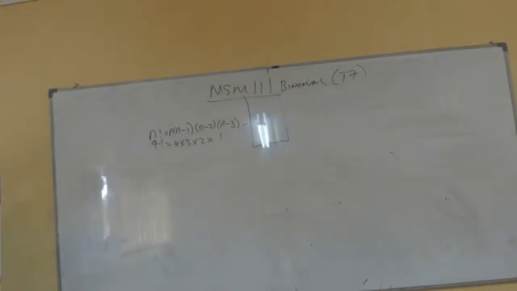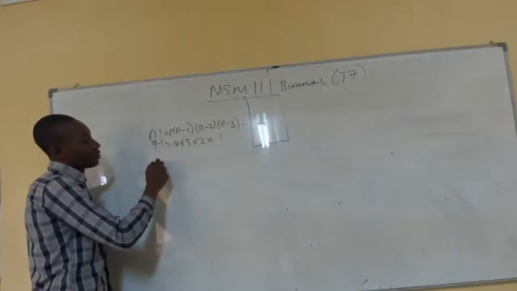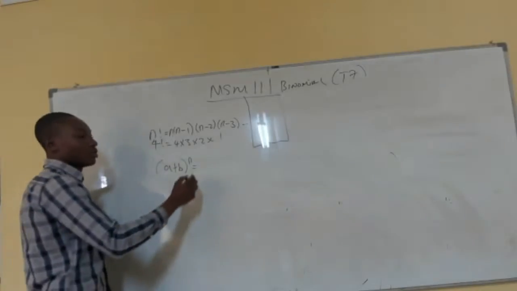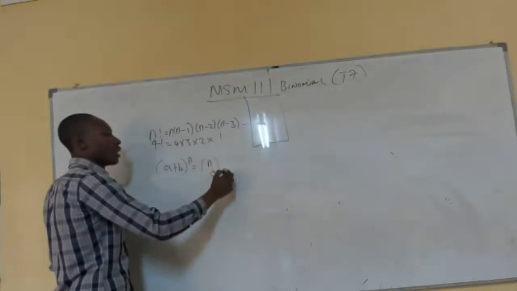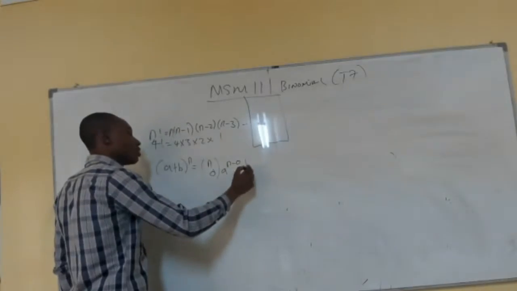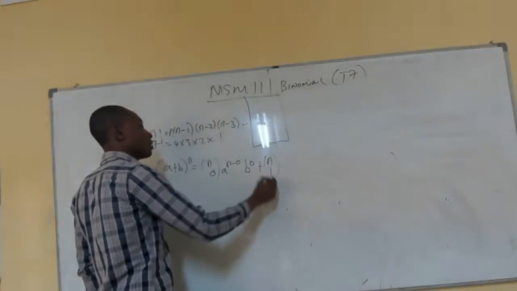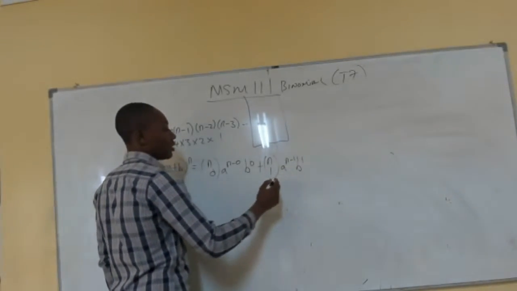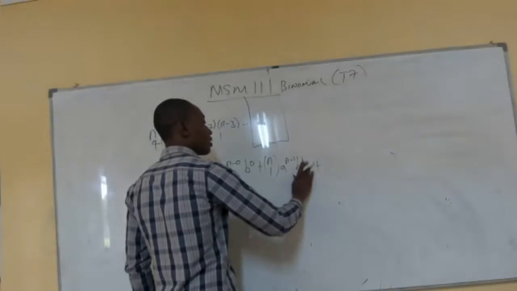So how do we then go about these questions? The formulas that were given, we have a plus b to the power n being equal to n choose 0, a to the power n minus 0, b to the power 0, plus n choose 1, a to the power n minus 1, b to the power 1, like that.